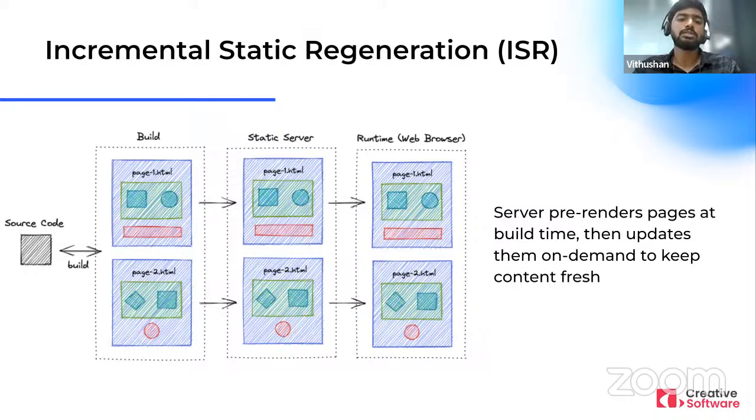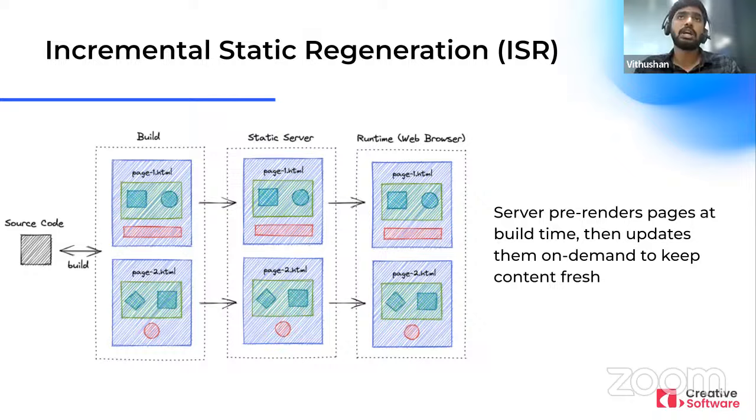On the browser side, the browser receives pre-rendered static content quickly, with the option to update pages incrementally as needed. So without rebuilding the entire site, the new changes can be picked up from the server from time to time. While getting the new changes, the server will rebuild the site and send it to the web browser, that is the client.